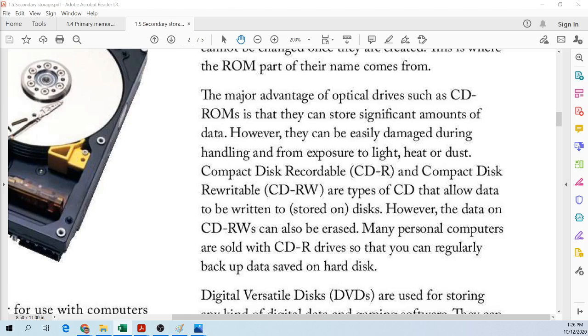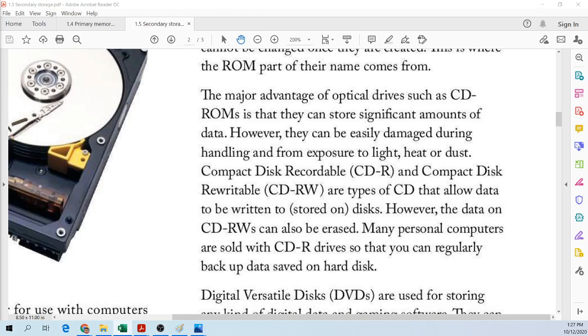The major advantage of optical drives such as CD-ROMs is that they can store significant amounts of data. However, they can easily be damaged during handling and from exposure to light, heat, or dust. Compact disc recordable, CD-R, and compact disc rewritable, CD-RW, are types of CD that allow data to be written to and stored on disk.